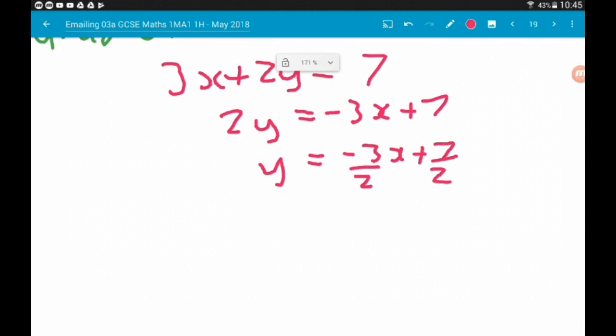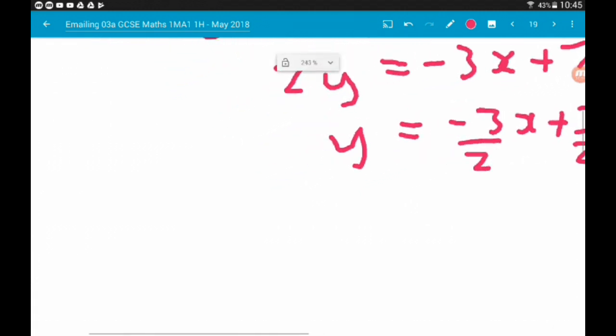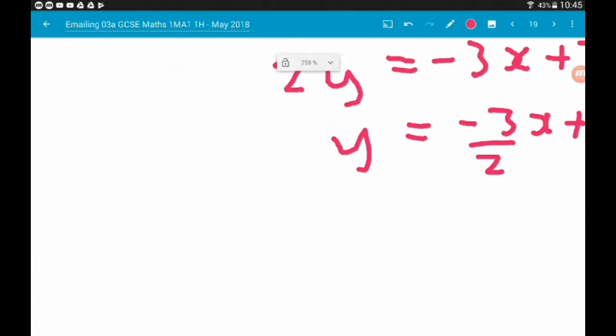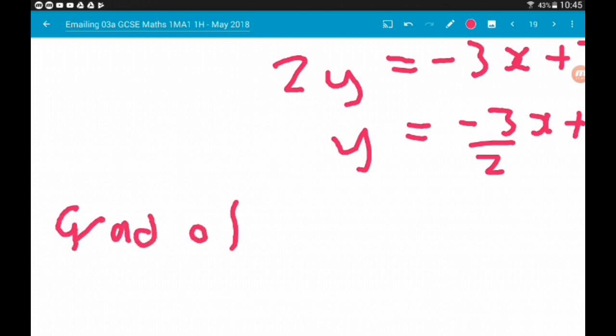So from that, we now know the gradient of line L is minus 3 over 2.